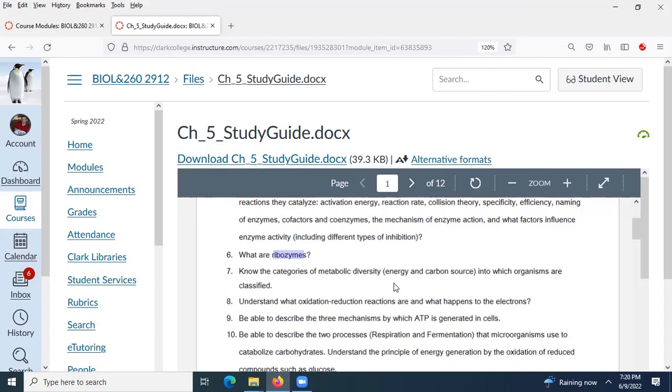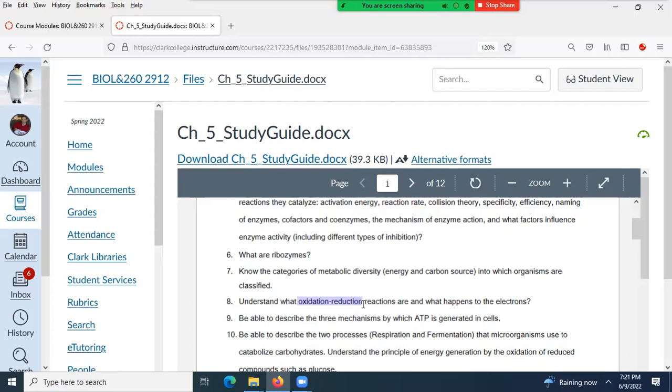Understand about oxidation reduction reactions. They're always linked and paired. One molecule will become oxidized, the other will become reduced. Understand what they are. The oxidized molecule loses an electron. The reduced molecule gains an electron. And what's an easy way to remember that?